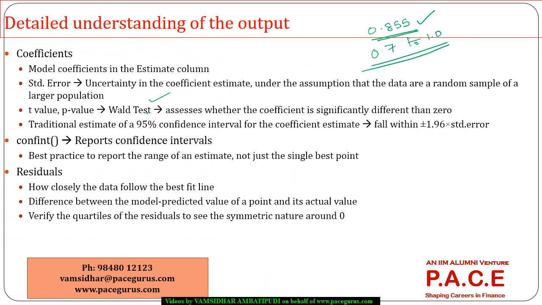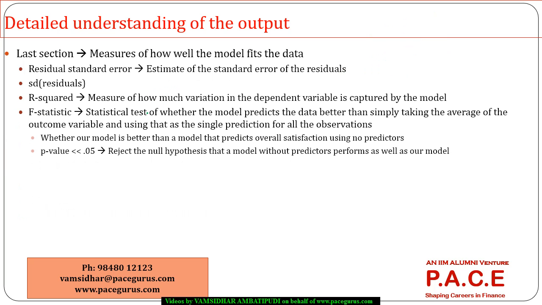But first I am verifying the quartiles of the residuals. If the first quartile and third quartile are more or less equidistant from 0, then I can say that the symmetric nature typically exists.